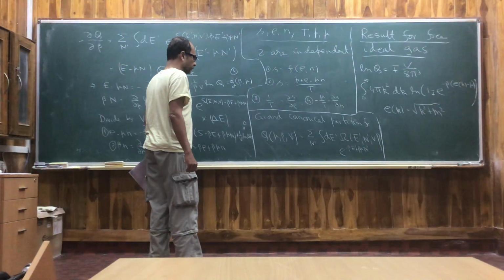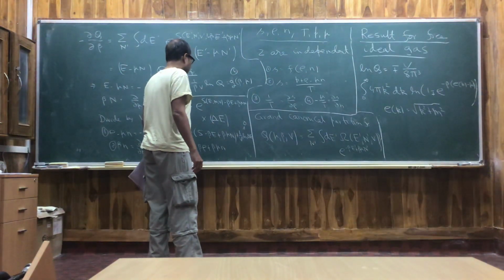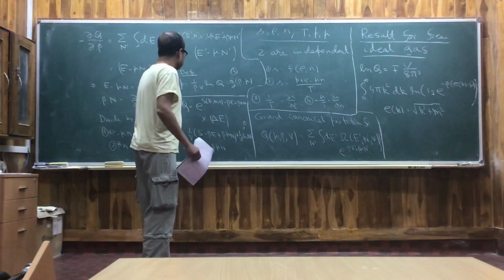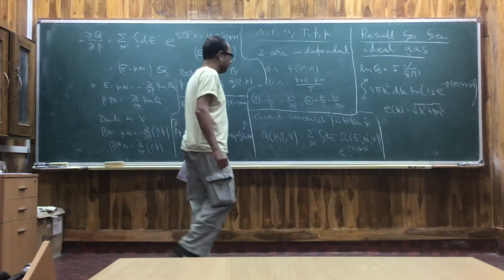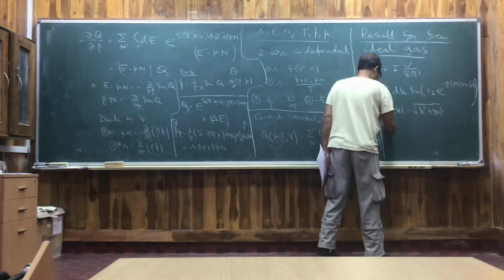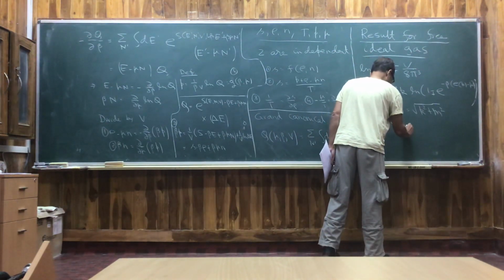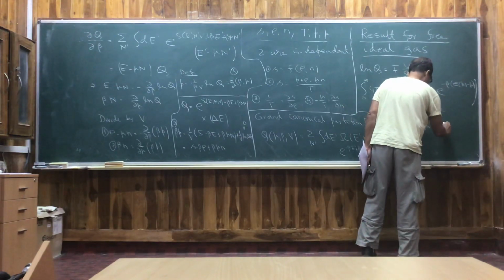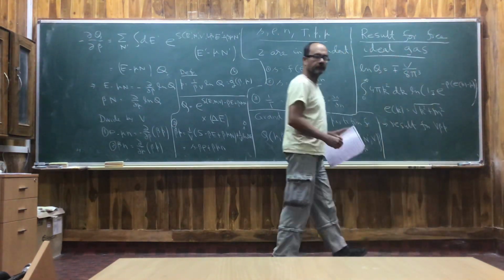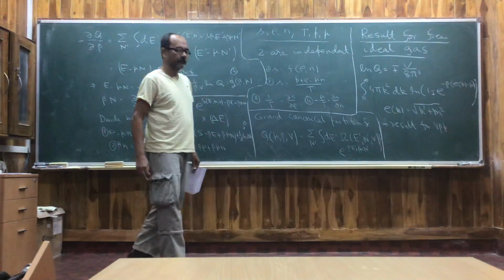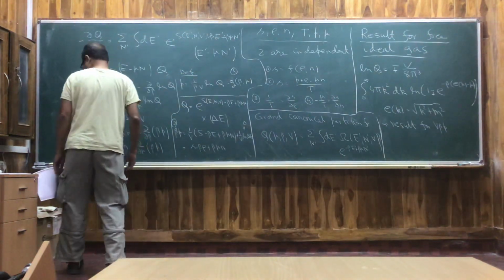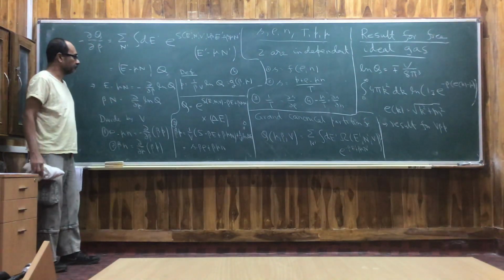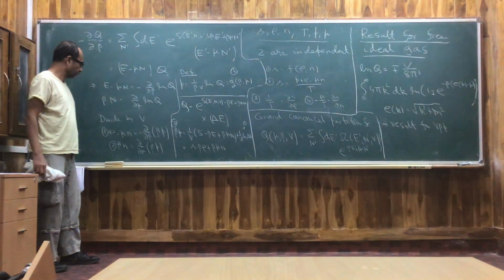So according to the equation here, this is the result for V times beta times P.